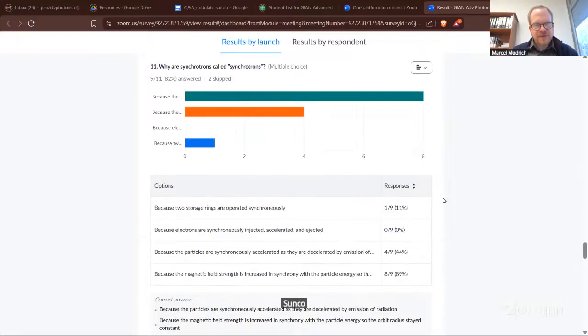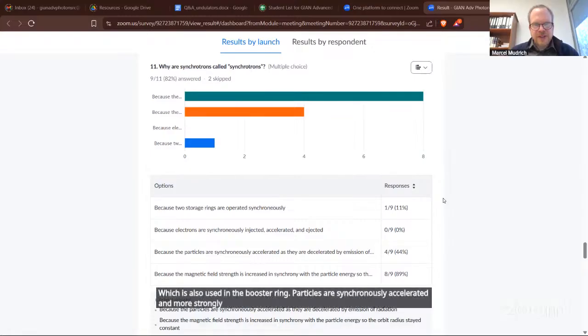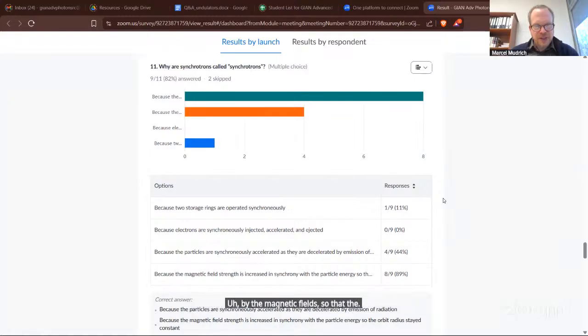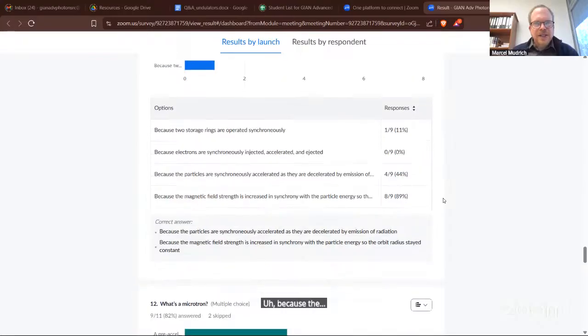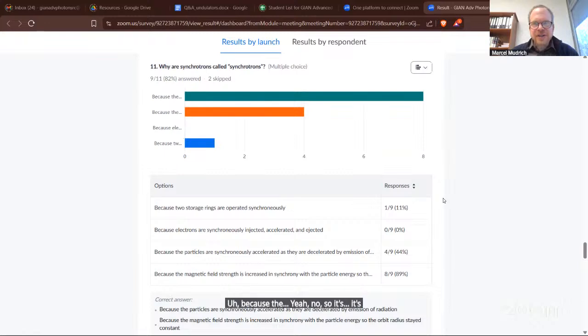The name synchrotron comes from the original synchrotron operation, which is also used in the booster ring: particles are synchronously accelerated and more strongly confined by the magnetic fields, so that the orbit of the electrons stays constant. That is the answer. Here was some confusion. Answer D is correct.